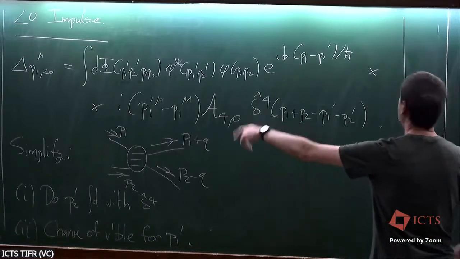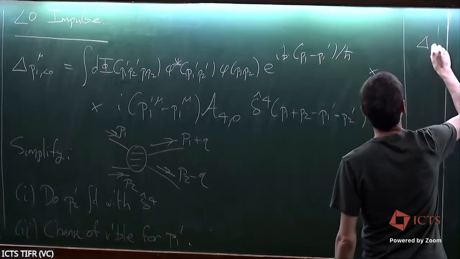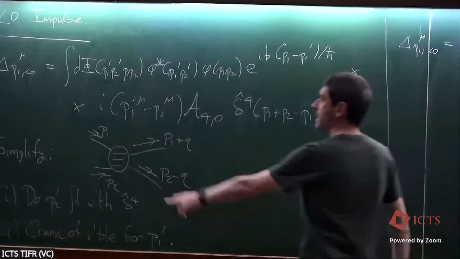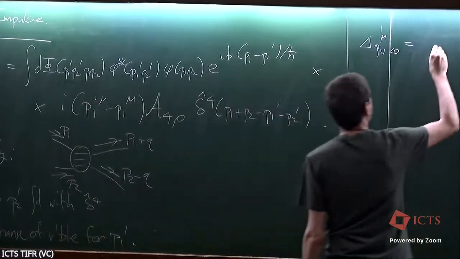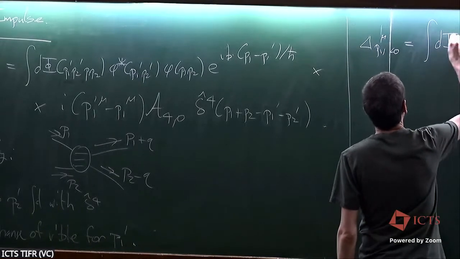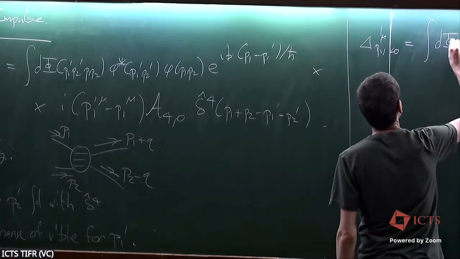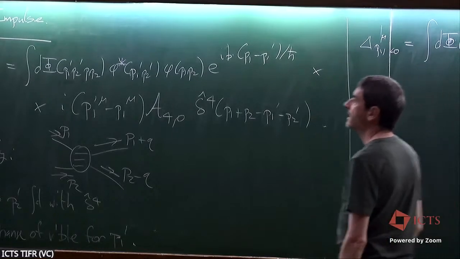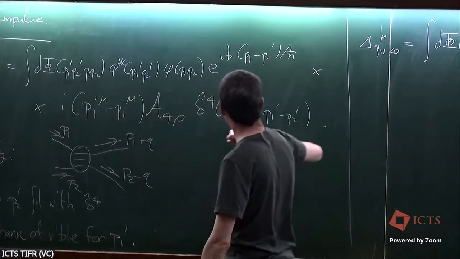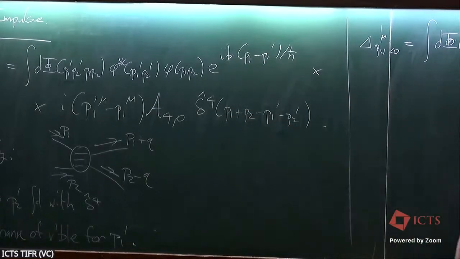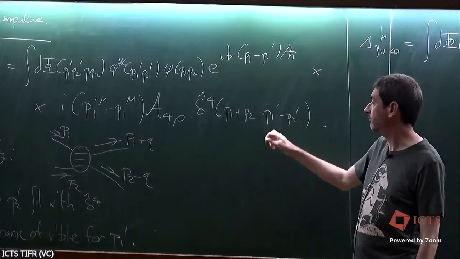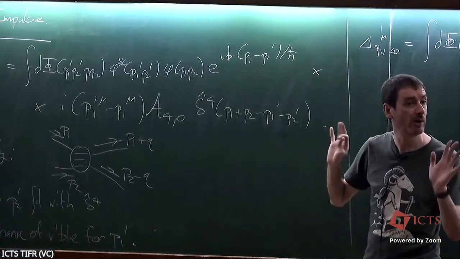So then this delta P1 mu at leading order will be given by, I'll still have integrals over the phase space, the on-shell momentum of particles 1 and 2. I'm going to do the P2 prime integral against this delta function. So P2 prime is equal to P1 plus P2 minus P1 prime.